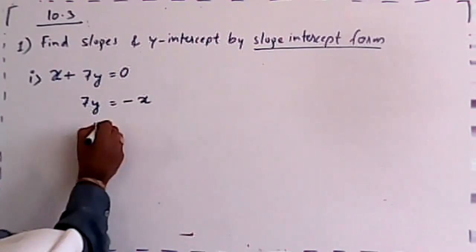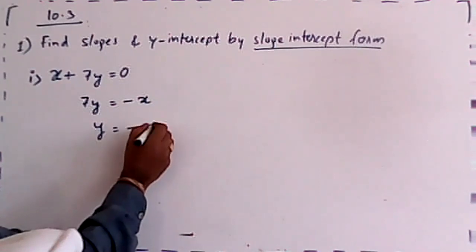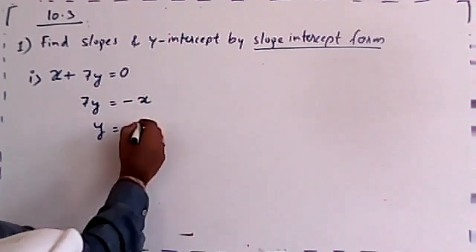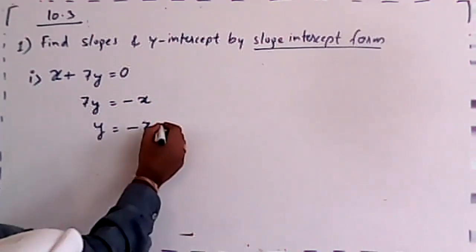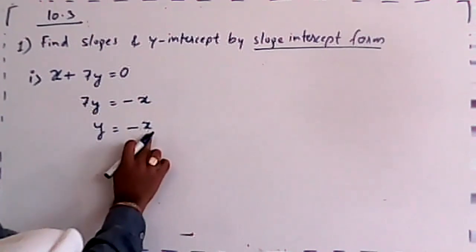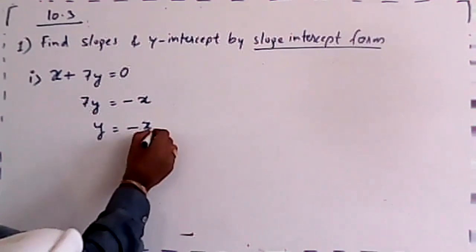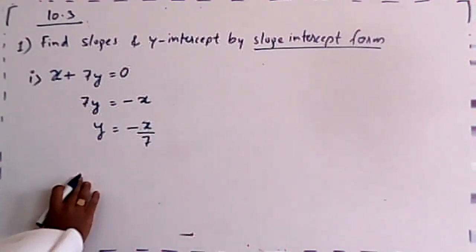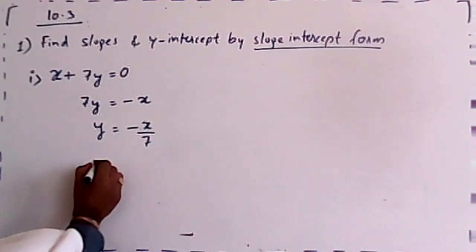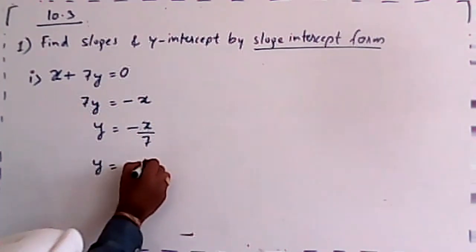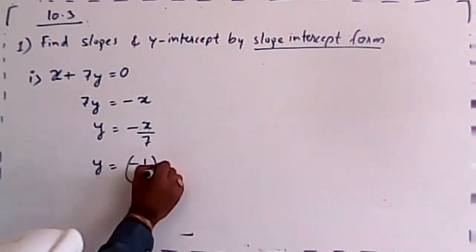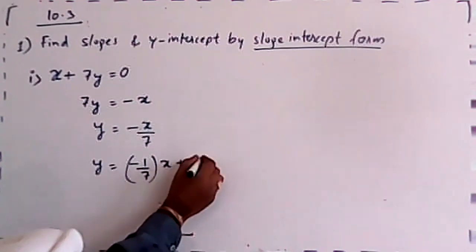But I want only y, so divide by 7. Then y is equal to minus 1 by 7 x plus 0.